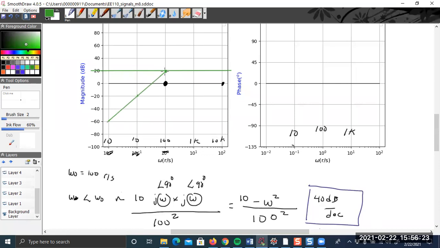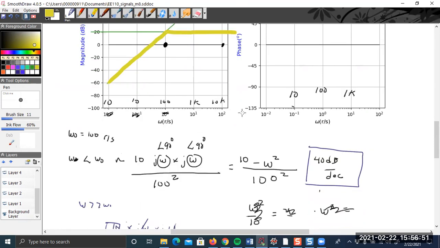And now you can see, it's crossing 0 dB not exactly on one of my grid marks. So then the complete Bode plot does this.